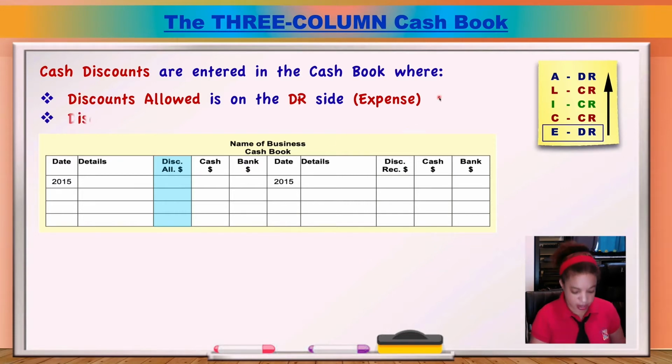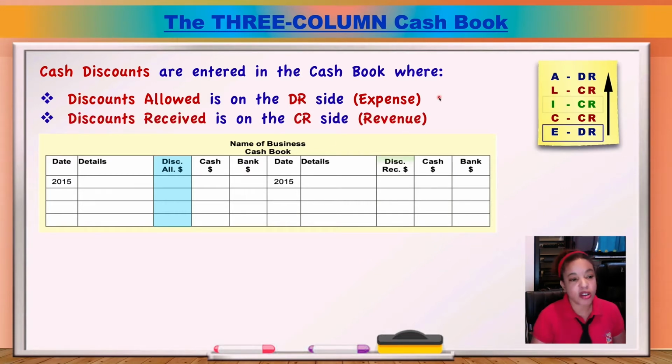And then for the discounts received, if we are receiving a discount, it means that we are paying our payables less, which is like we have just earned money because we paid them faster. We have received money because we are not paying that full 2,000. We are actually paying 1,800, for example, which is like we got back $200 in the form of a discount received.